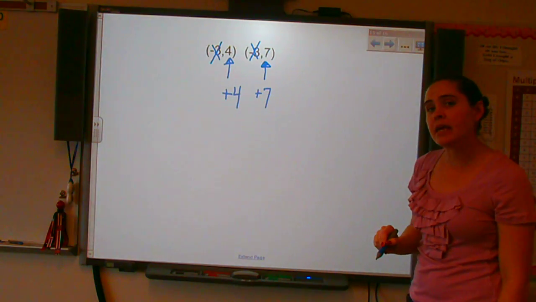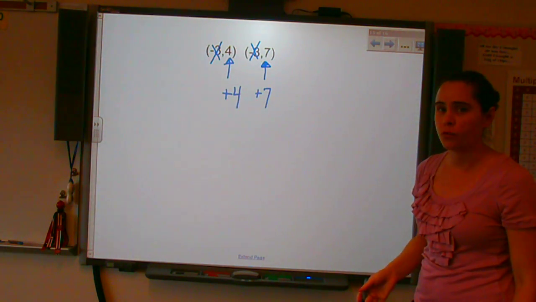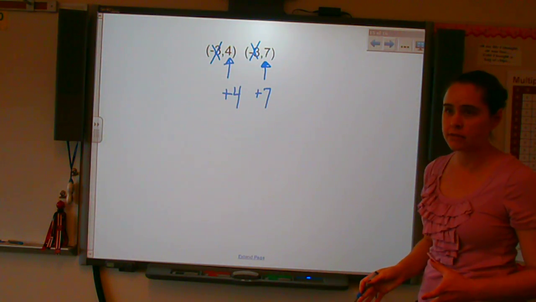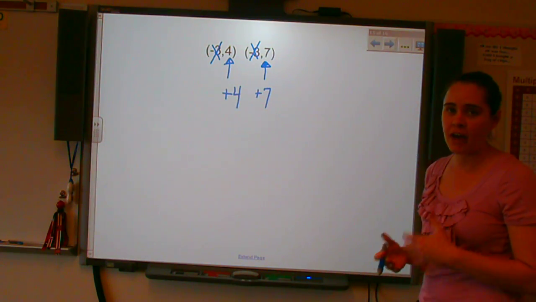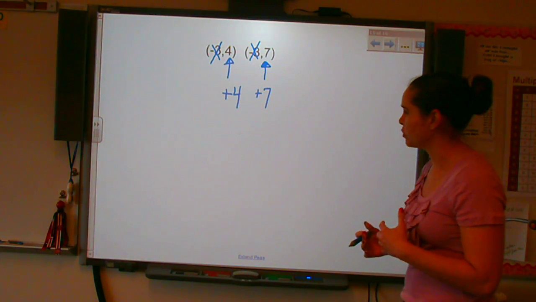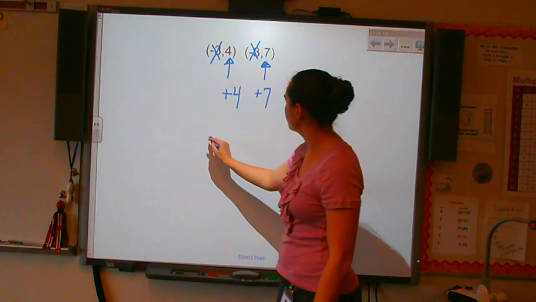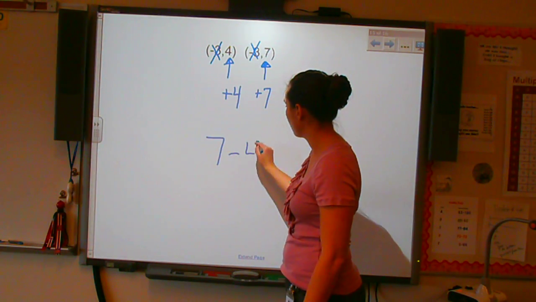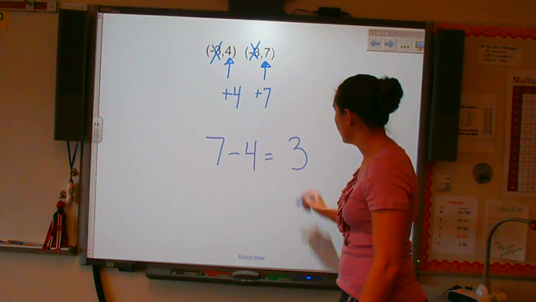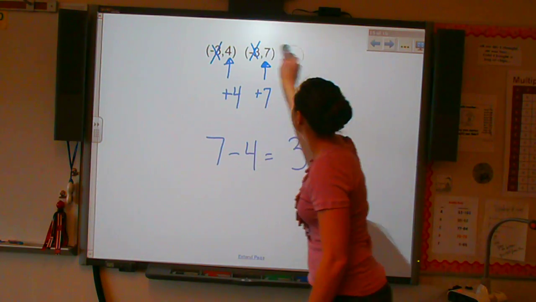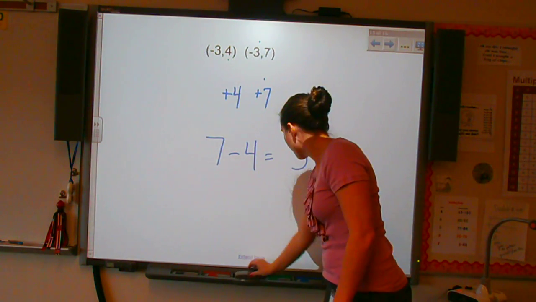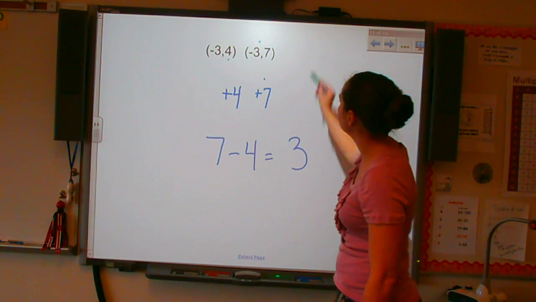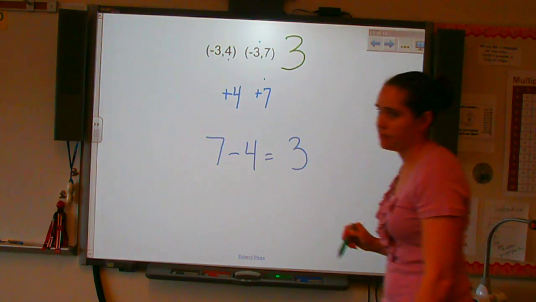Okay? That means that they are in the same quadrant. We don't cross over the 0 axis. So we're going to want to subtract to find the distance between the two. So to find the difference, we say, well, what is 7 minus 4? And it is 3. So the distance between -3, 4 and -3, 7 is 3.